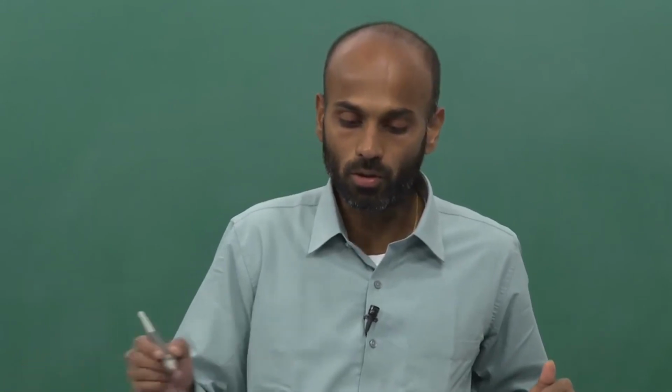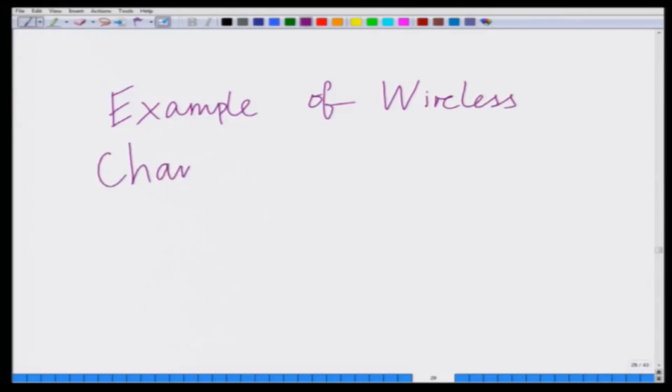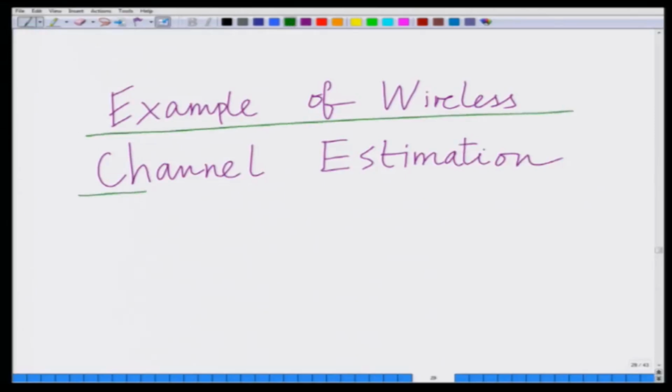process better. Alright. So, today let us look at a simple example for wireless channel estimation. As we said, channel estimation is the process whereby you compute the estimation of the wireless channel coefficient.